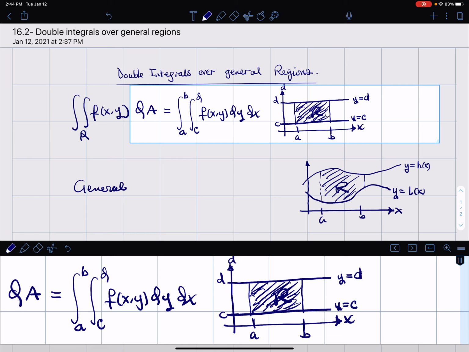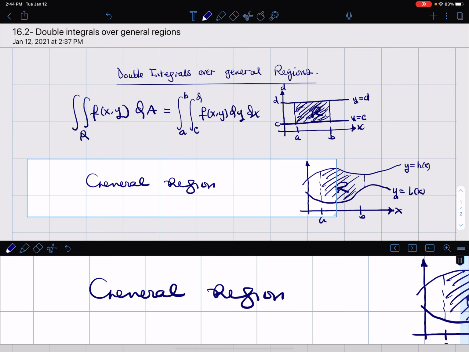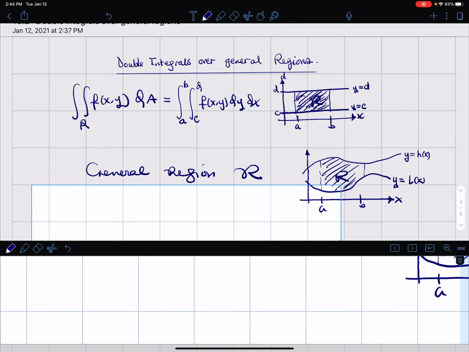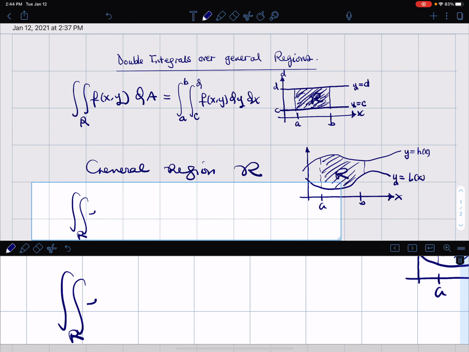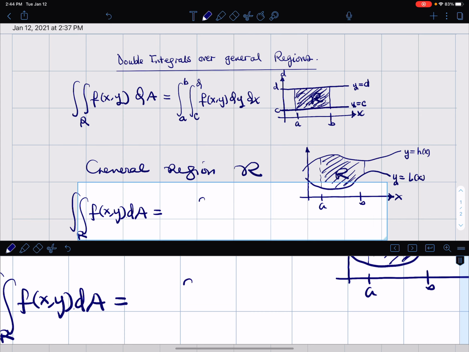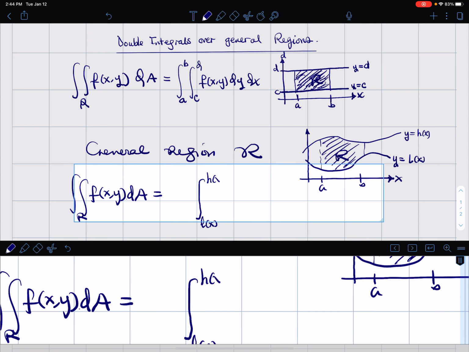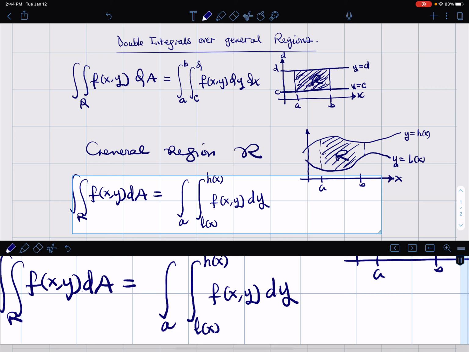So in this case, for a general region, the integral over R of f of x y dA is now going to be the inner integral from L of x to h of x of f of x y dy, and then from A to B, dx.